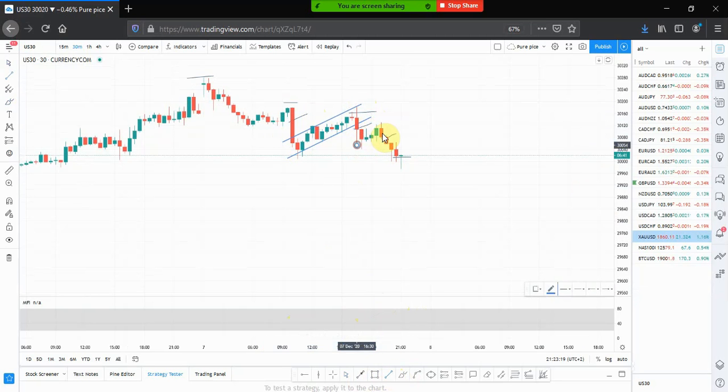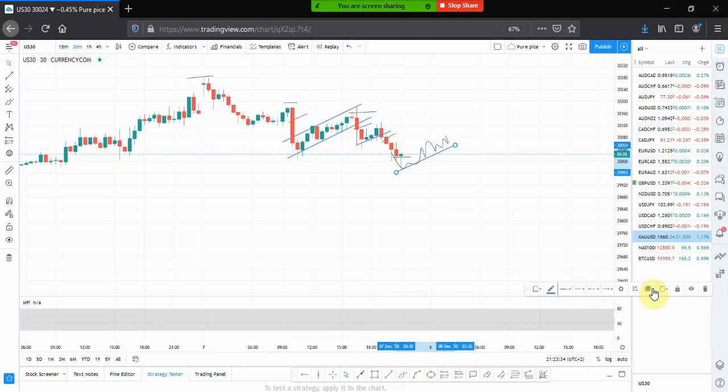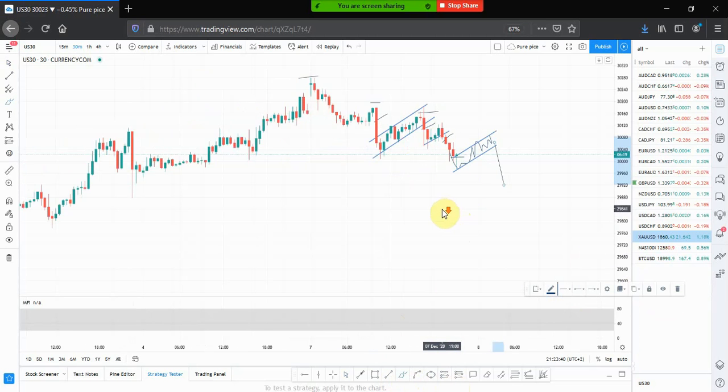And also this small pattern here, once it is broken, we enter. So if you just want safety, you can wait for the market to form some kind of a pattern here or a flag, and then you wait for this pattern to be broken. As soon as this pattern is broken, you then enter your sells, going all the way to the downside.